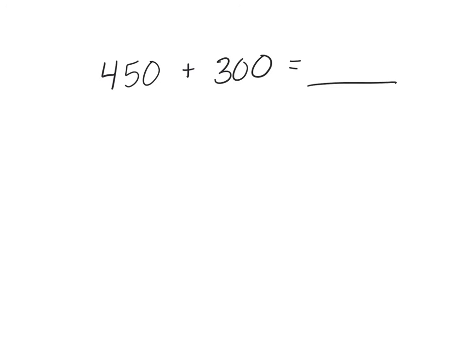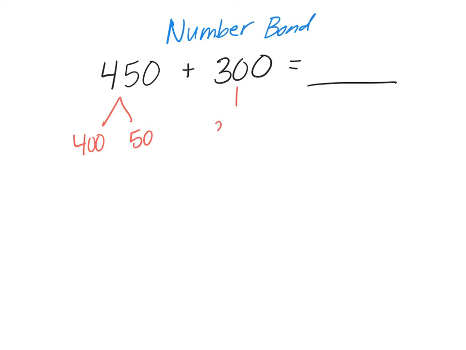Now there's one more strategy that you can use, and that is the number bond. And this one's very easy, especially when we're doing multiples of 10 or 100, because all you're doing is breaking apart the number. Like 450 is the same as 400 and 50, and 300 is still 300. So you look at it and you add up the numbers that are the same type of units.